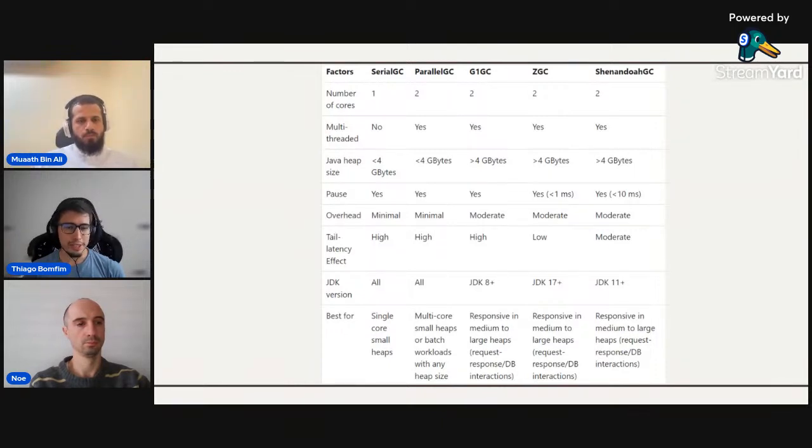Because if you don't do that and you are running a really small microservice and you care about latency, maybe using SerialGC is not the best choice. But again, it's a trade-off, okay? If you have 100 requests at the same time, it will increase the latency because probably you need to run the garbage collector and it will increase the latency for all the calls.